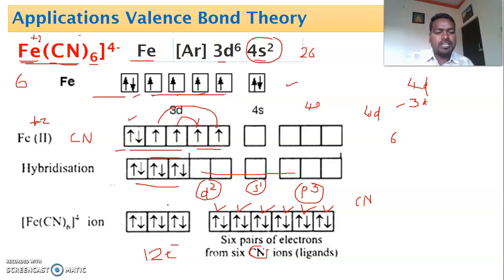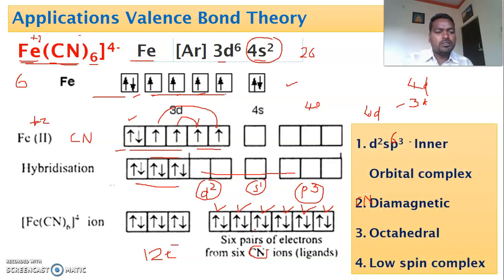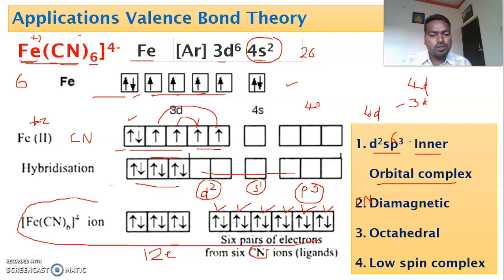And from this we can conclude that this complex undergoes d2sp3 hybridization, that's why it is an inner orbital complex. And this complex doesn't have any unpaired electron. The atom had unpaired electrons in the atomic state, but after bond formation in this coordination complex, it doesn't have unpaired electrons, that's why it is diamagnetic in nature.